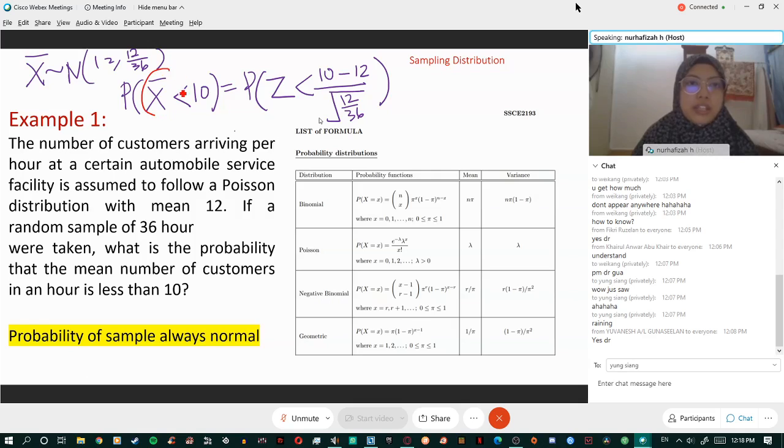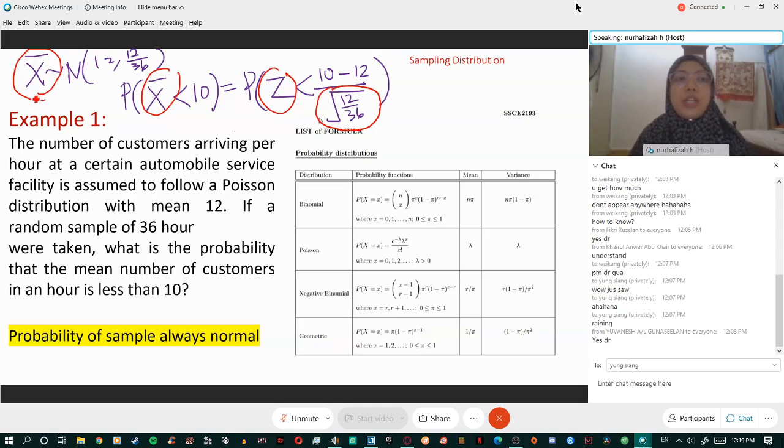So for this one, the X bar, change to Z and also square root both the numerator and denominator. The first thing you need to do is write the distribution. When I looked at your past year test 1, a few of you did not write the distribution for your population.